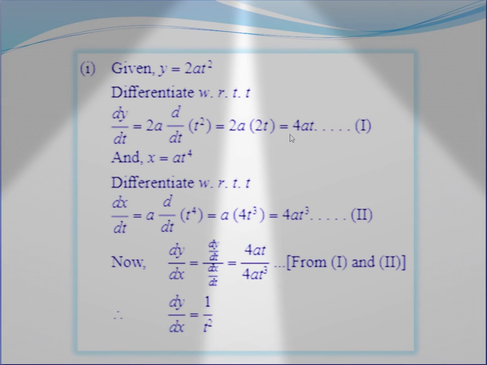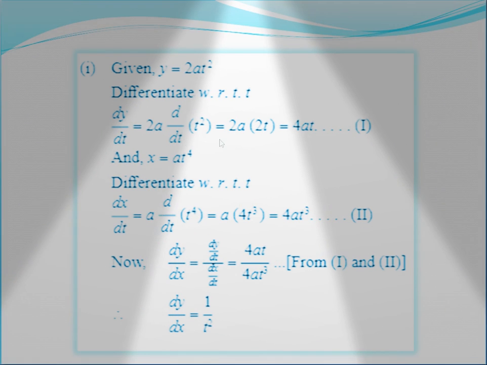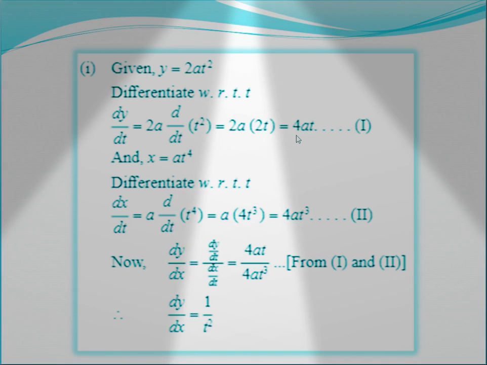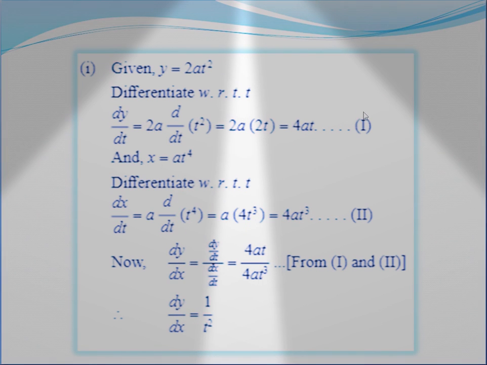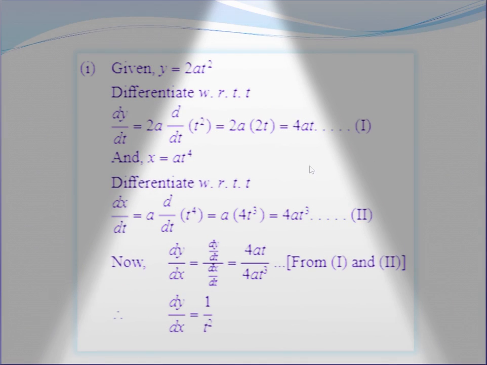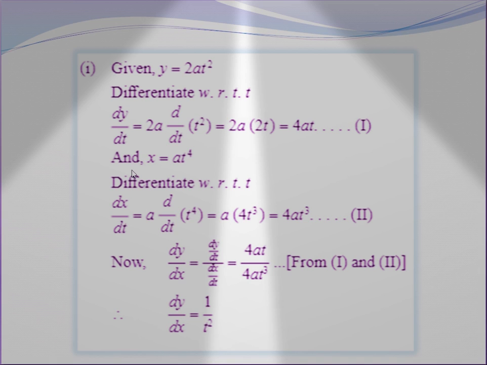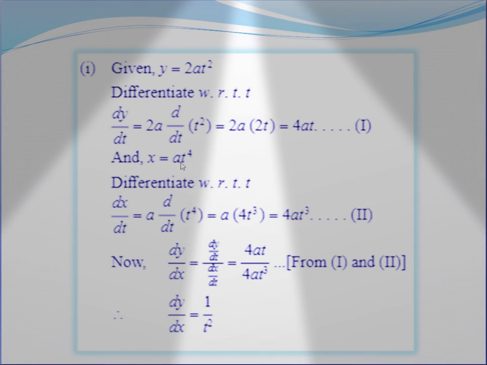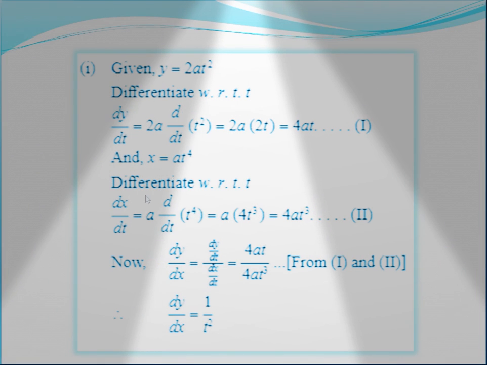Therefore, dy upon dt equal to 4 into a into t. Say this as equation number first. Now consider the second equation, x is equal to a into t raised to 4.